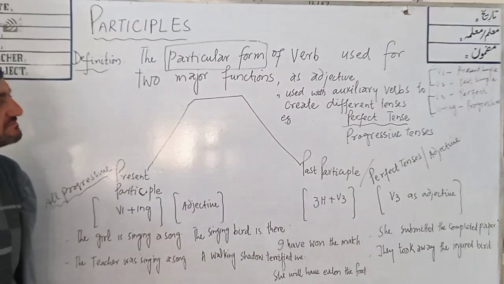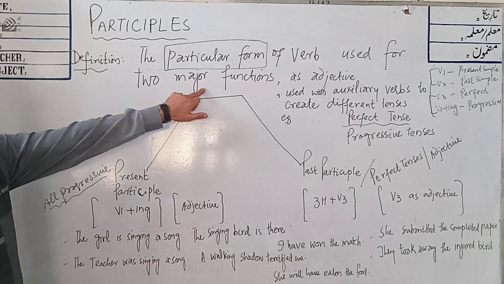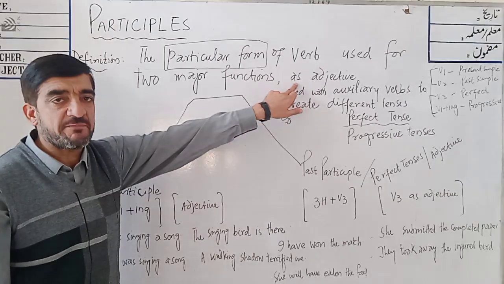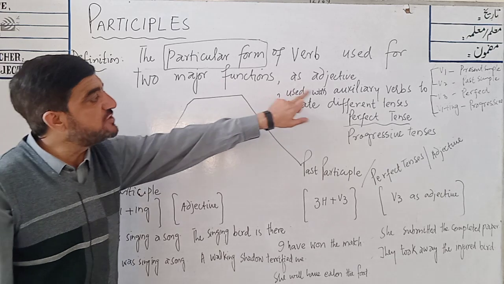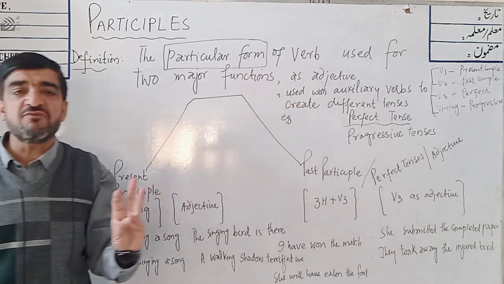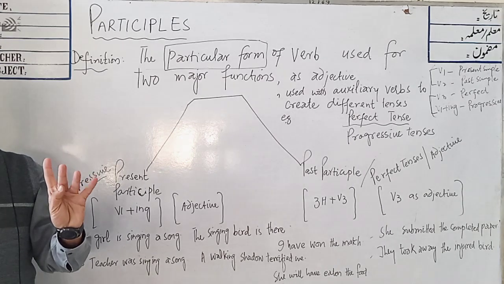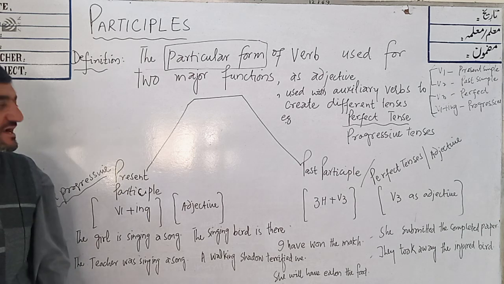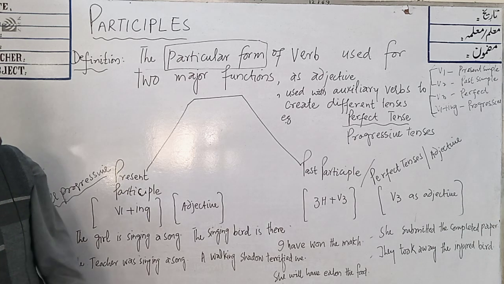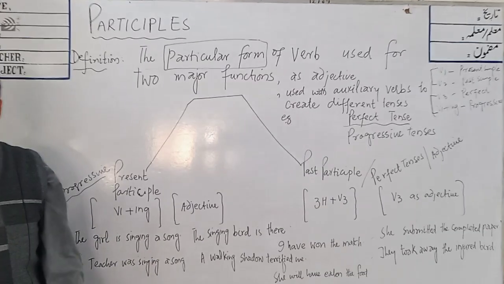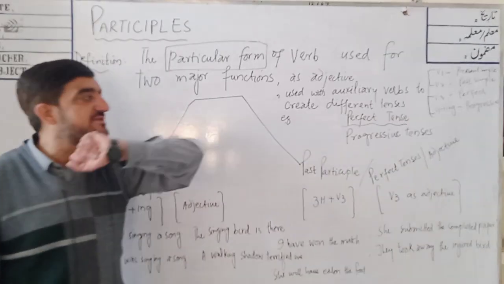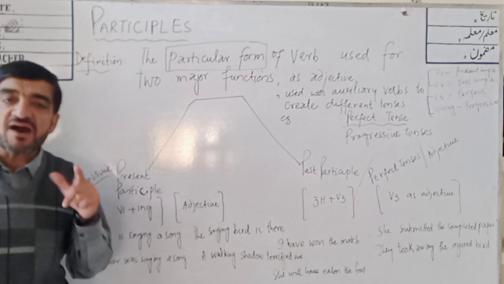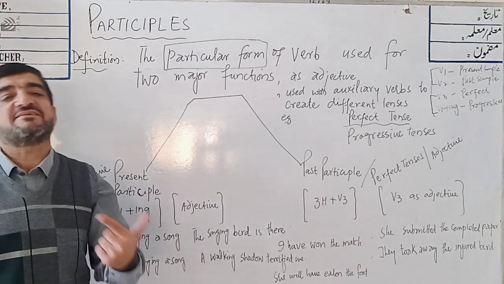There are two types, but the functions of the two types of participles, they play the role of an adjective and they are used with auxiliary verbs. Auxiliary verb means is, am, are, was, were, has, have, had, do, does, did. These are known as auxiliary verb forms to create different tenses. So here I elaborated to my students that participles are the major sources for the creation of tenses.